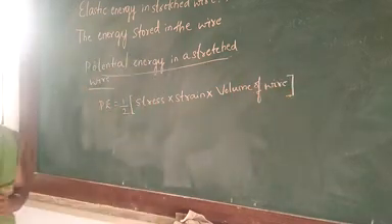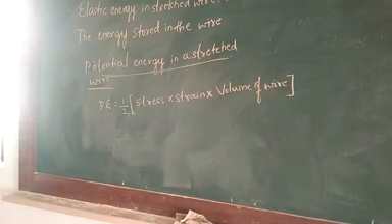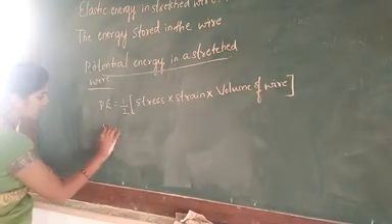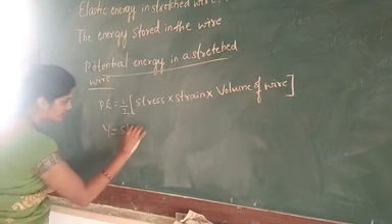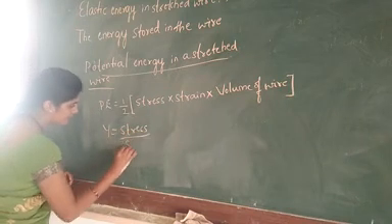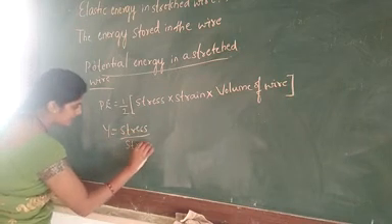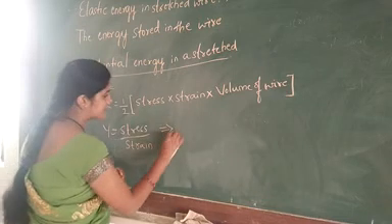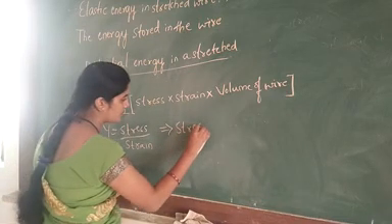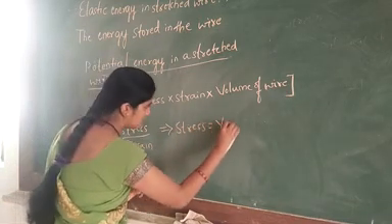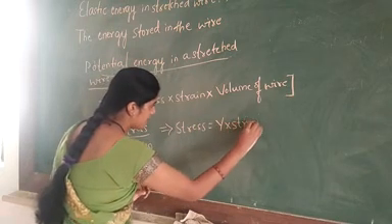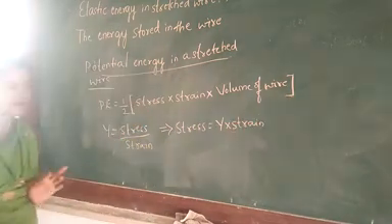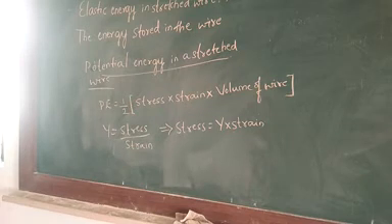Now this can also be written in the form of Y equal to thrust by strain. Y means the Young's modulus, defined as thrust by strain, or thrust is equal to Y into strain.